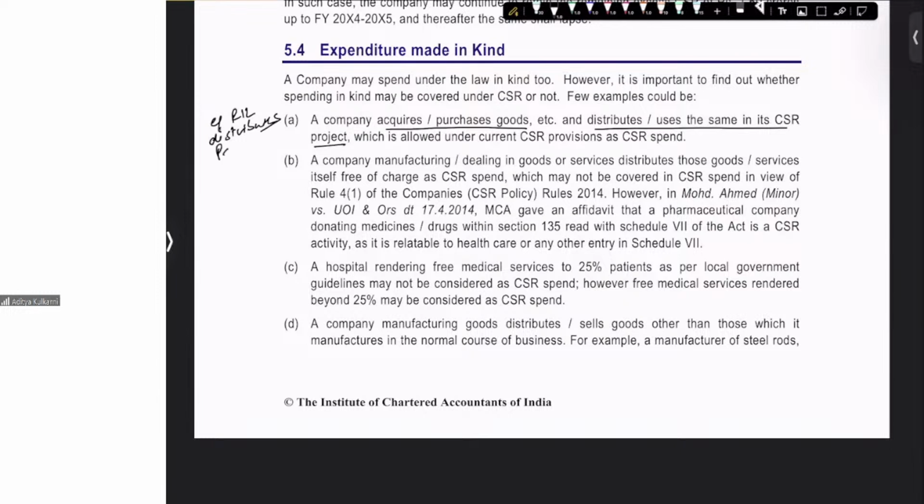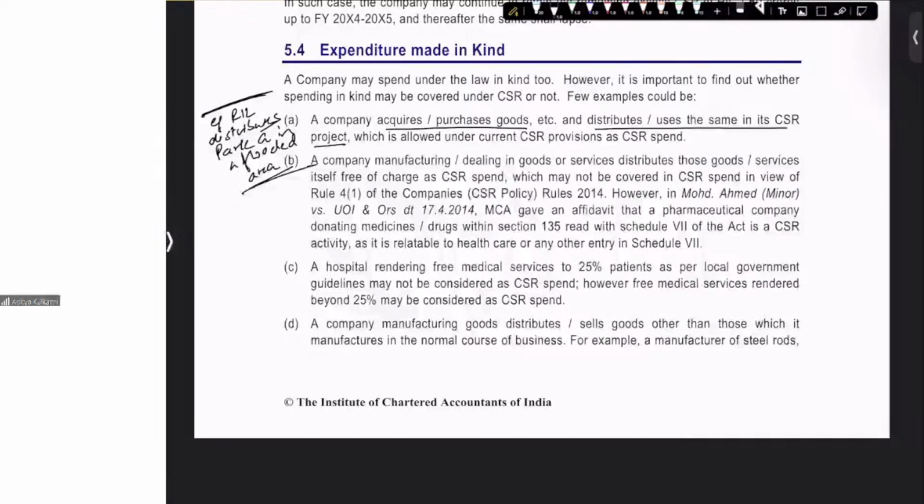distributes Parle-G in a flooded area. So flood has happened. There is a loss of property.